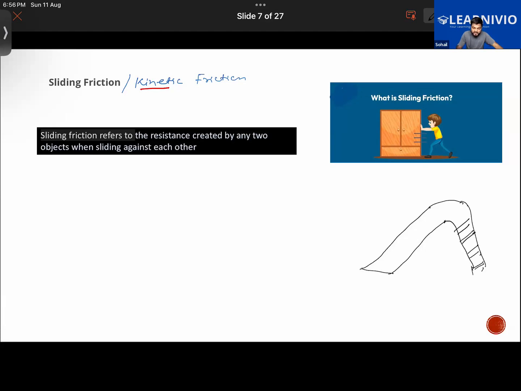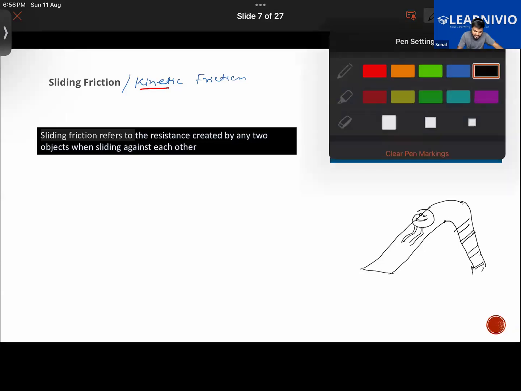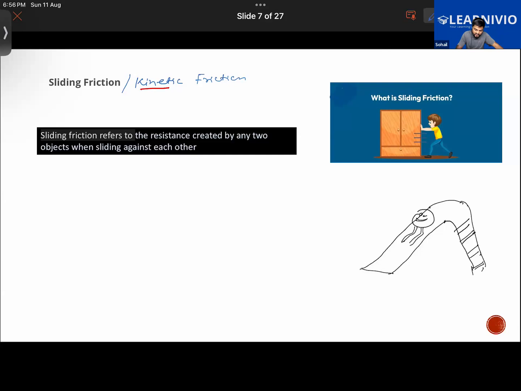There, what kind of friction will you experience? Sliding friction, as the boy is sliding over the slide. So that is one example of sliding friction.